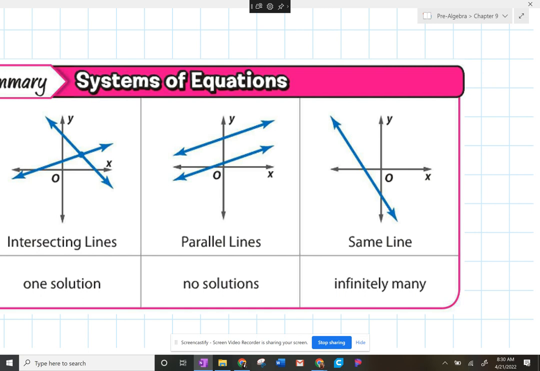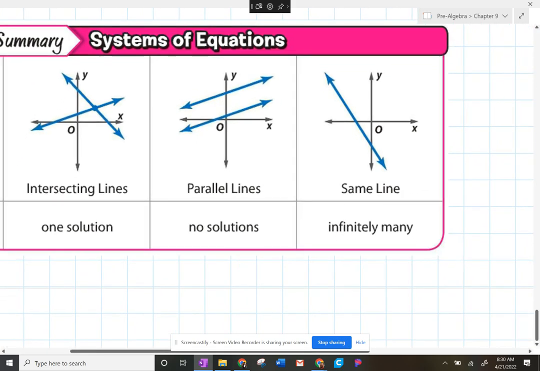Okay, so parallel lines means that there's no solution. And if they are the exact same line, it's infinite solutions. Some ways that you can write this if you want: no solution, you can write it like this, or you can have a 0 with a line through it. Both of those mean no solution. It'll never, ever happen.